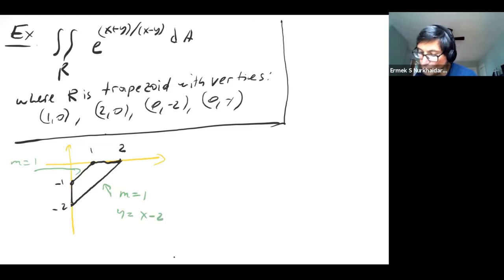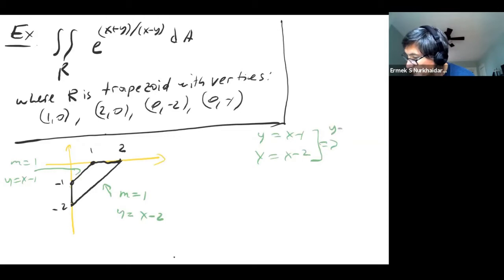The y-intercept is negative 1 for the top line, so y equals x minus 1. From here we get, it will be better to have a positive number, x minus y equals 1 and x minus y equals 2.